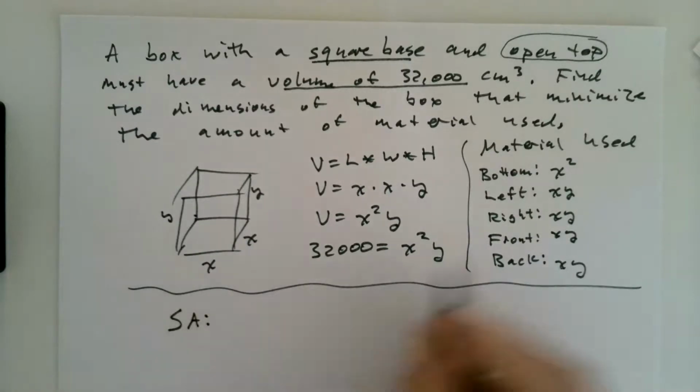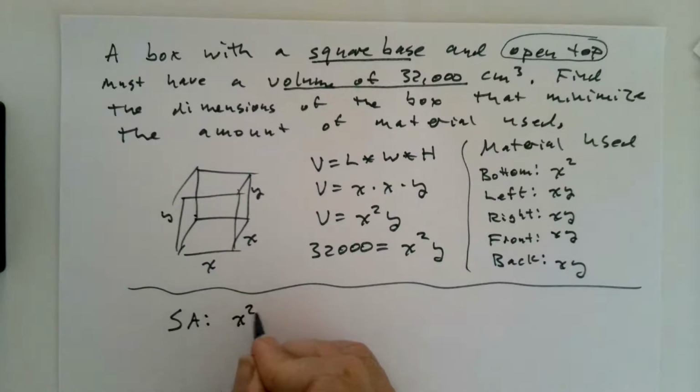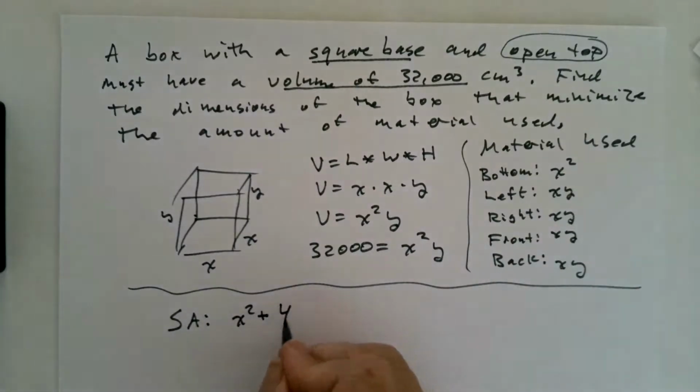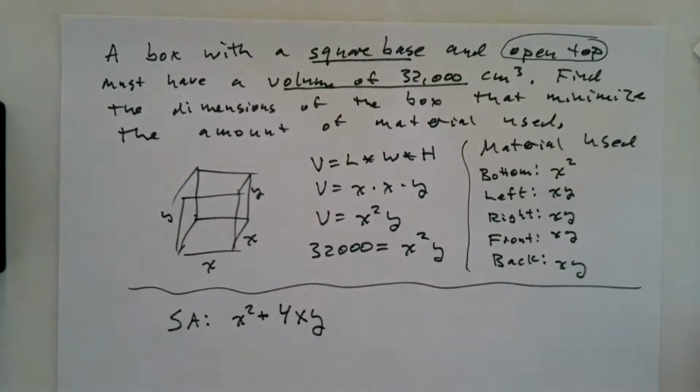Surface area is x squared plus xy plus xy plus xy plus xy, so x squared plus 4xy. But I'm only allowed to have one variable. So what is the next thing I have to do to complete this problem? What's my next move?